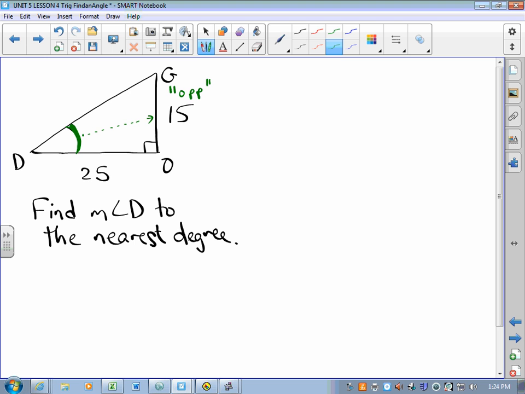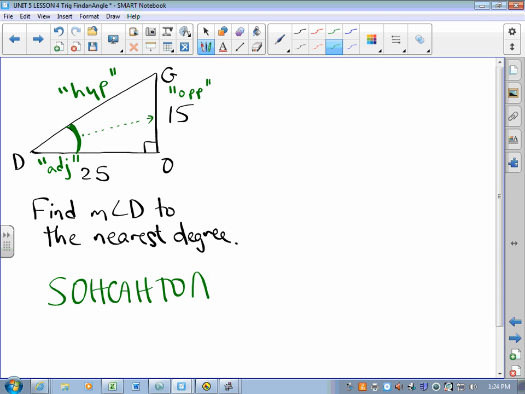The hypotenuse, that's the longest side, and the one that snuggles up to our acute angle, that's the adjacent side. And so I go back to the mnemonic device from yesterday, SOHCAHTOA. It helps us to remember what sine, cosine, and tangent are. And so I'm thinking to myself, I've got opposite, adjacent. This is a tangent problem.